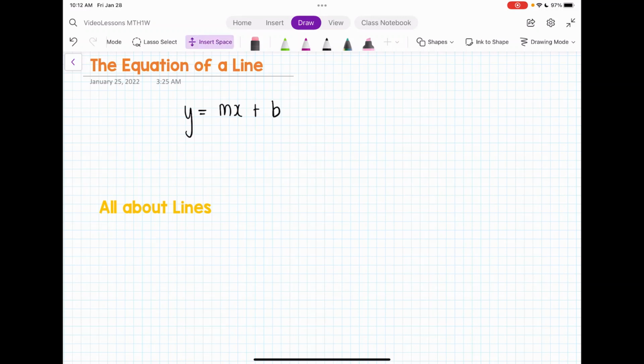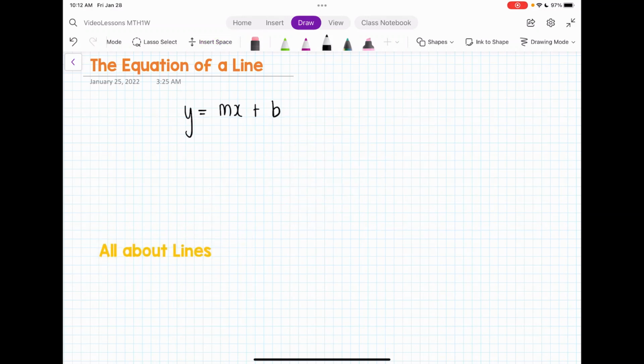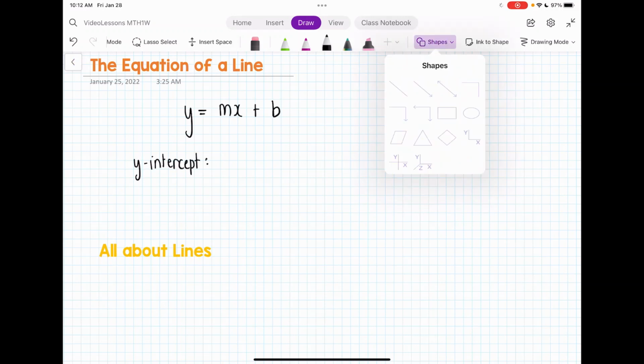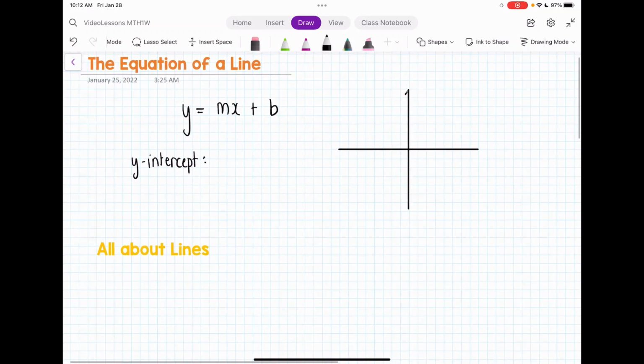Some definitions or pieces of information that we're going to need as we go along is first the concept of an intercept. So I'm just going to do a quick sketch of the Cartesian plane again, just so you have it here to look at. So there's my x-axis and my y-axis.